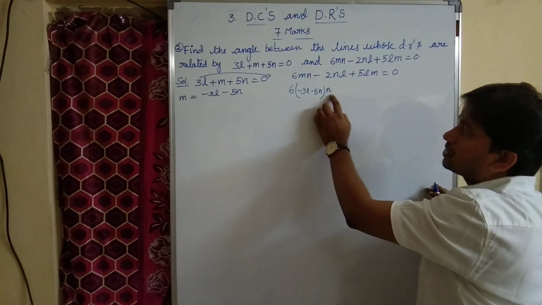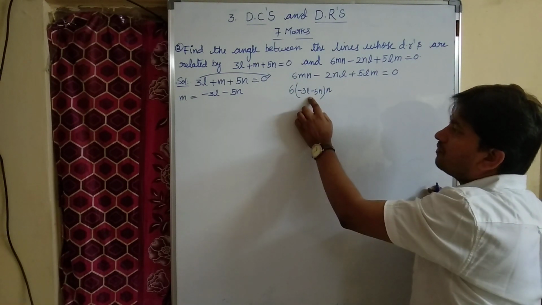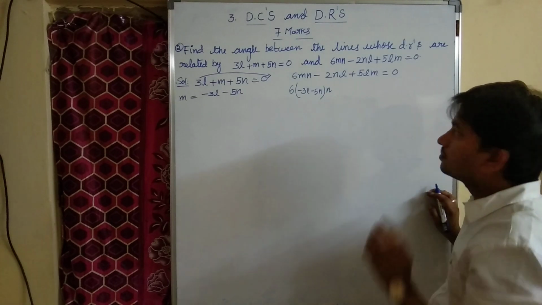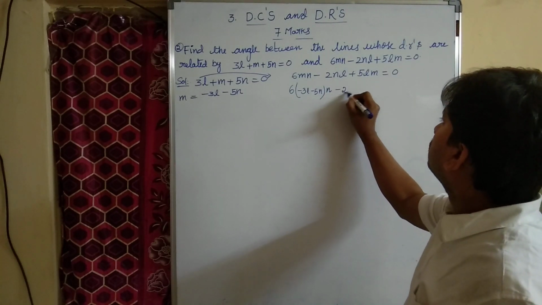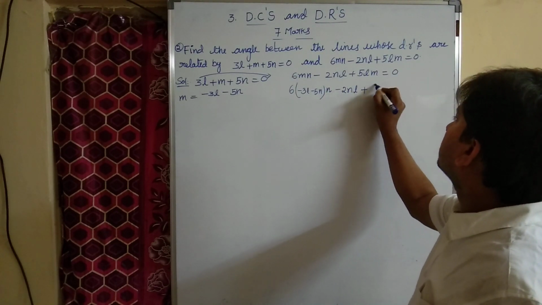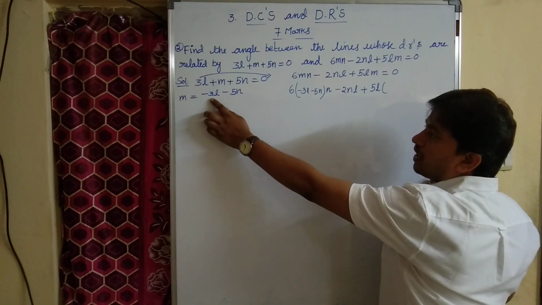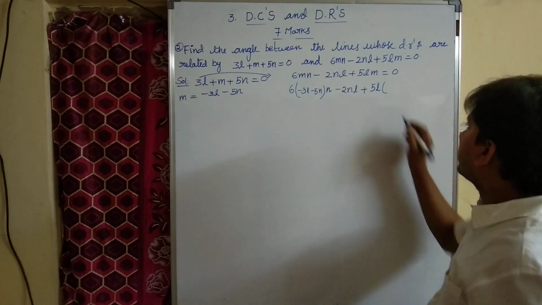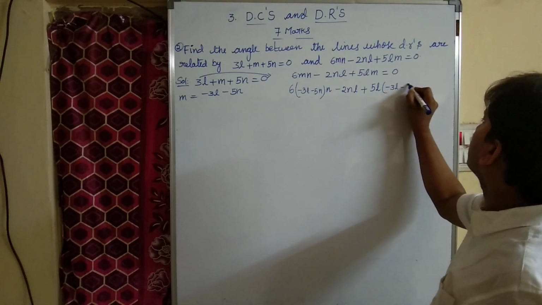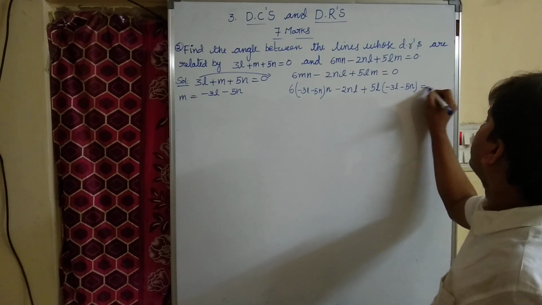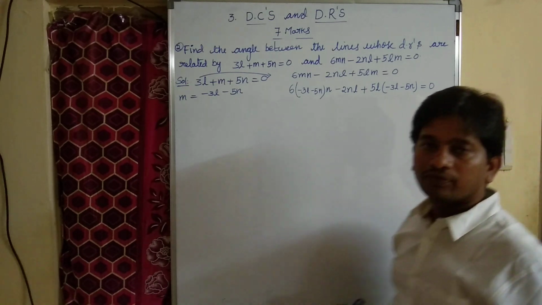This n as it is. In the place of m only, we have to write minus 3l minus 5n. Minus 2nl plus 5l, in the place of m we write minus 3l minus 5n, which is equal to 0.